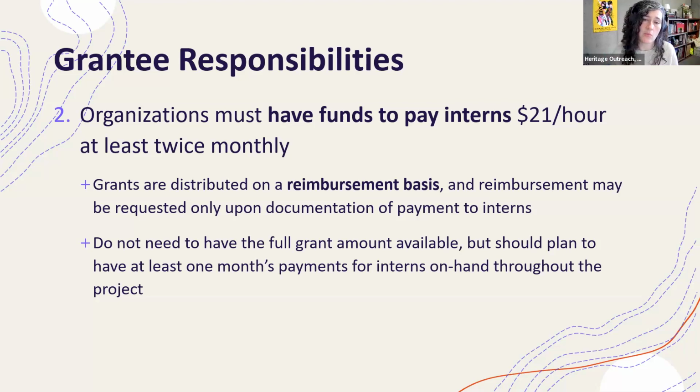So that's why we are asking that grantees have that capacity in place. And of course, we wouldn't expect that the grantee has the full grant amount available, but certainly should plan to have at least one month's payments for interns on hand throughout the project.